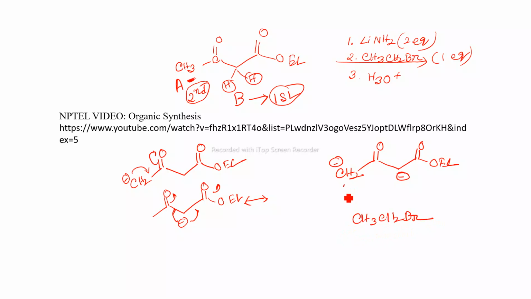So tell me, this A center will attack or B center will attack? Which center will attack here? A center or B center? And on A center reaction will happen.